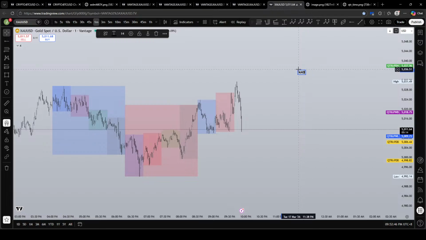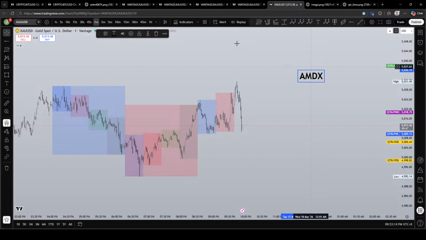The first is AMDX, where A stands for accumulation, M stands for manipulation, D stands for distribution, and X can be a continuation or a reversal. If I put XC, that means continuation. If I put XR, that means reversal.